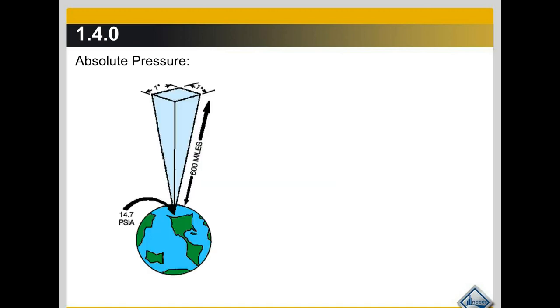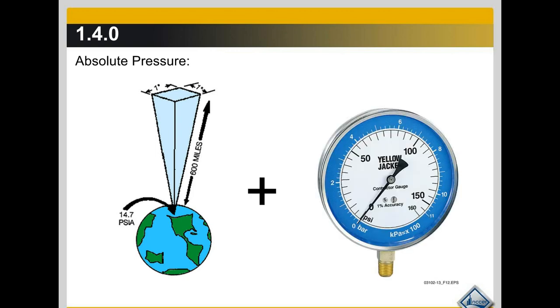Okay, so absolute pressure. If, for whatever reason, you need to calculate the absolute pressure of a system, you need to take the atmospheric pressure, which is 14.7 pounds per square inch, and add it to the gauge pressure, which remember is calibrated to read 0 at atmospheric.